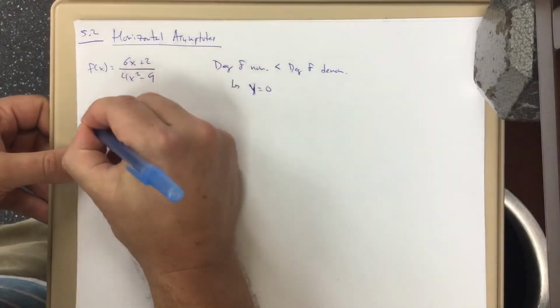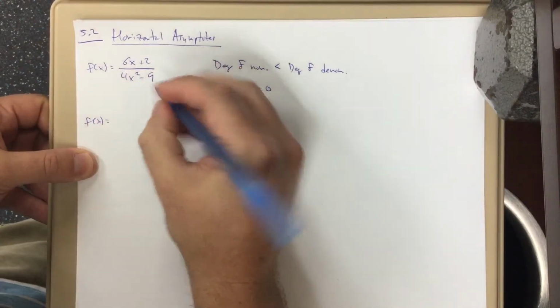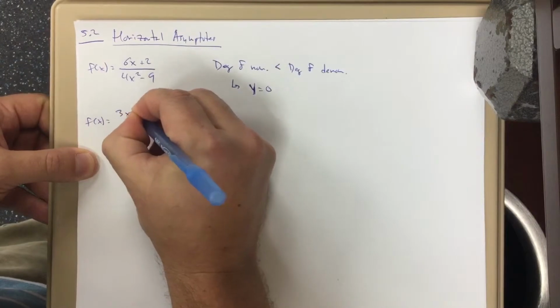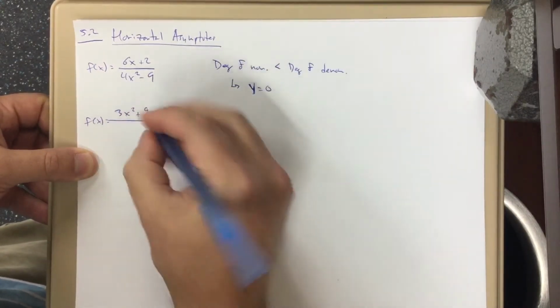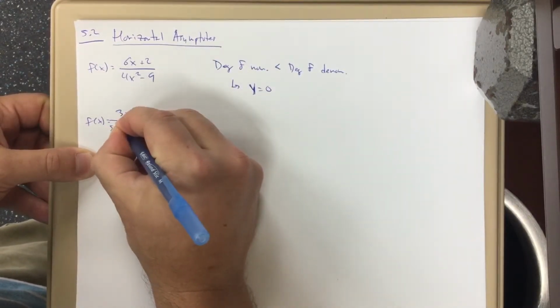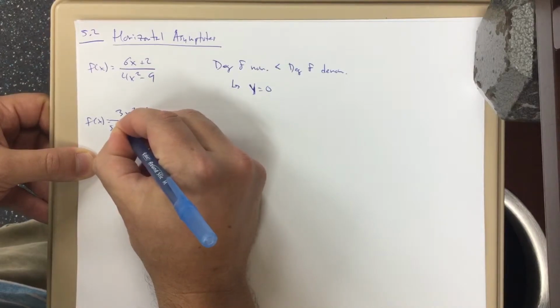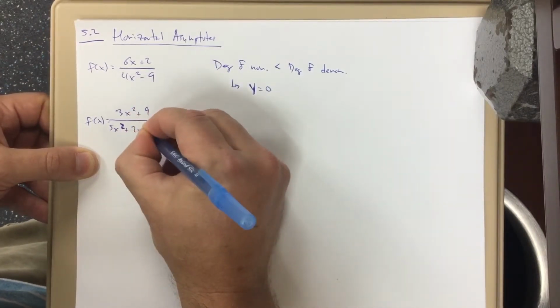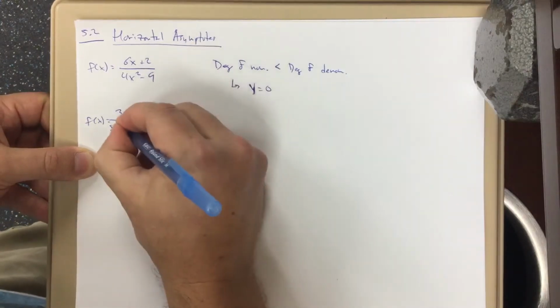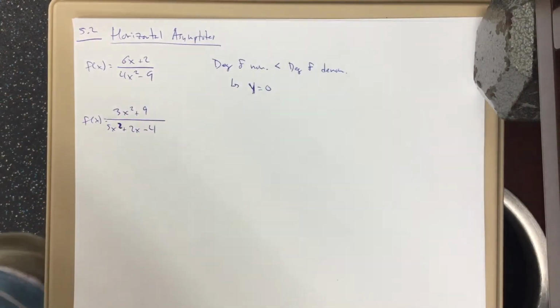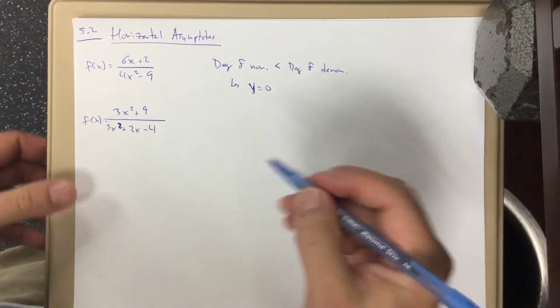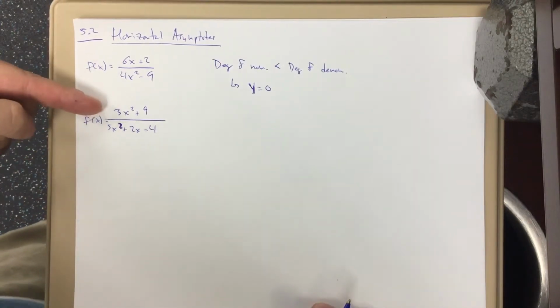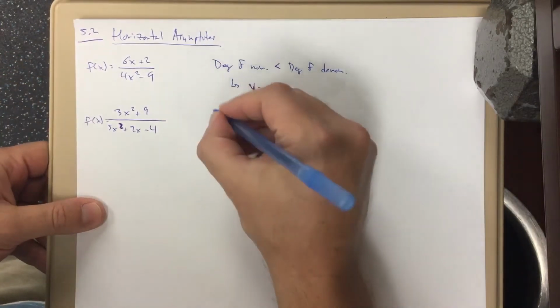Next scenario, let's do f of x equals (3x squared plus 9) over (5x squared plus 2x minus 4). In this scenario, we look at the degrees again. Here the degree of the numerator is equal to the degree of the denominator.